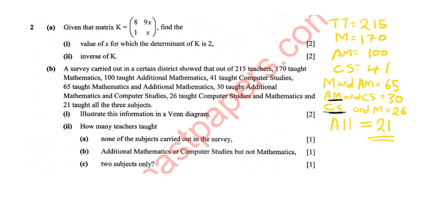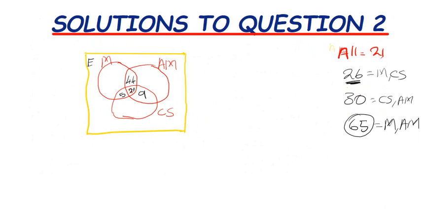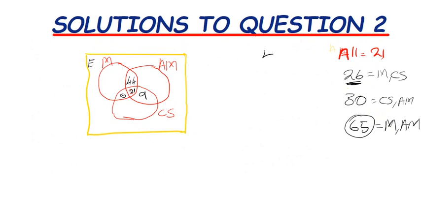Now they have said 41 taught computer studies. So since they have said 41 taught computer studies, you come here, computer studies, there were how many? 41. But as we can see, in computer studies we already have 21 teachers, 9 teachers, and 5 teachers there.